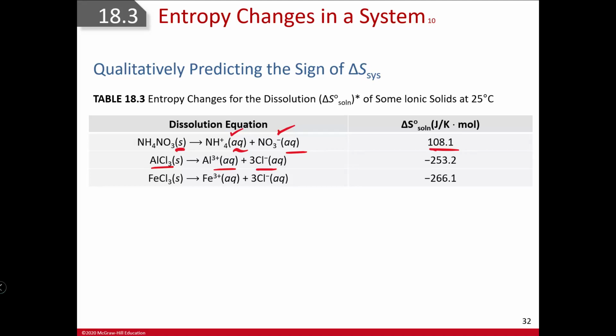But there's something else going on here. Generally, you would expect these to have positive entropy changes, because you're going from a solid to dispersed. I think those are suspect. We're going to go back and look at that.